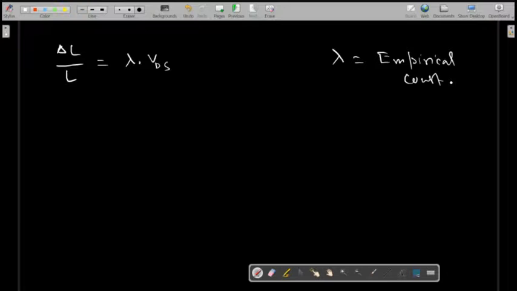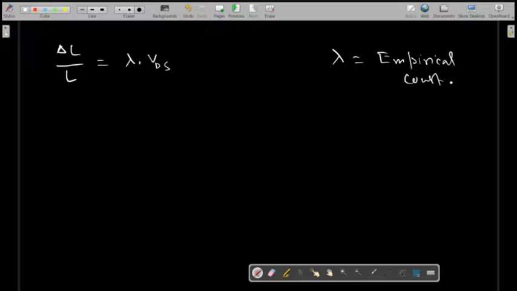We just know that when we increase the value of VDS, delta L will increase and delta L by L will increase. And if I reduce the value of VDS, delta L will reduce, so delta L by L will reduce. So we can say delta L by L is proportional to VDS.